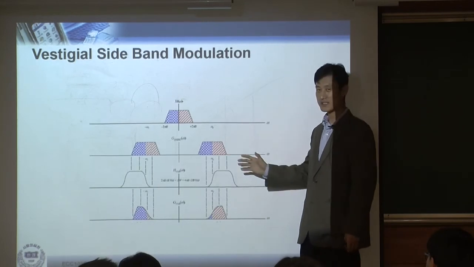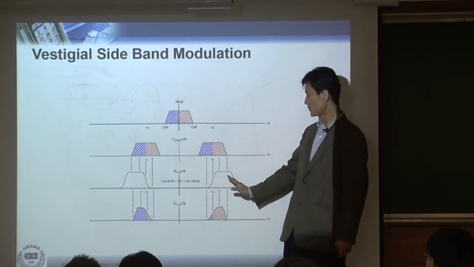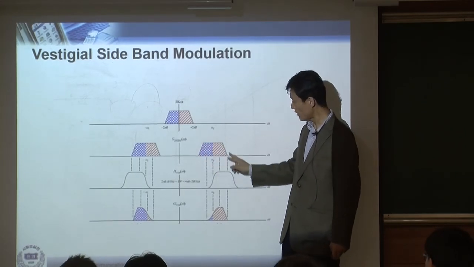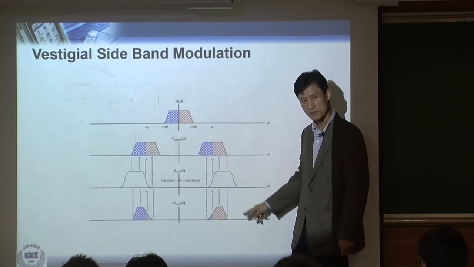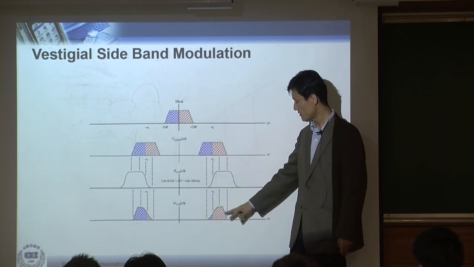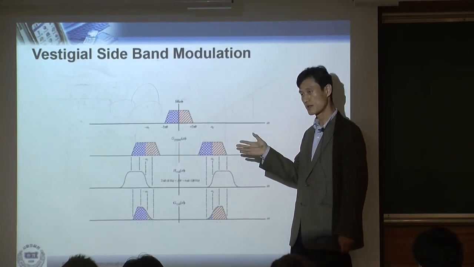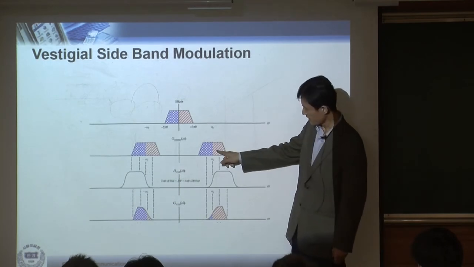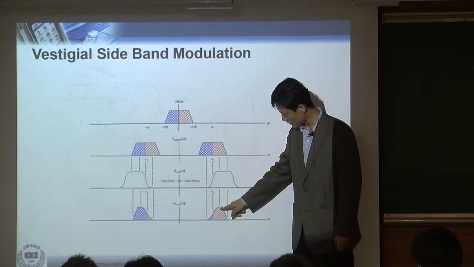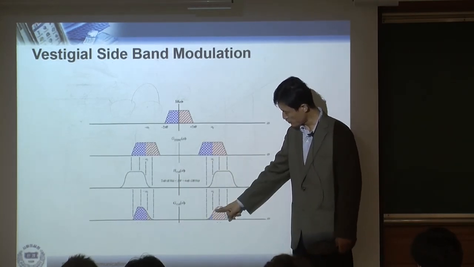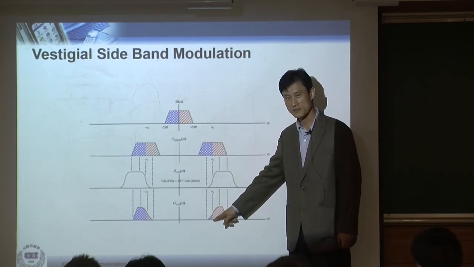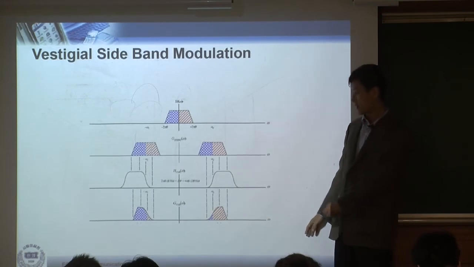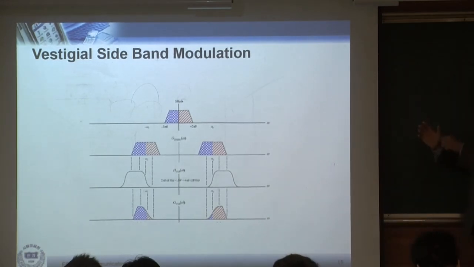If this were a single sideband, you would transmit only the red one, but that red one has a perfect, original shape. That's what you transmit in single sideband. But in the vestigial sideband, even the red part is a little bit different, and for the blue one you transmit only a small part. That's what happens in vestigial sideband. So that's what you transmit over the air.